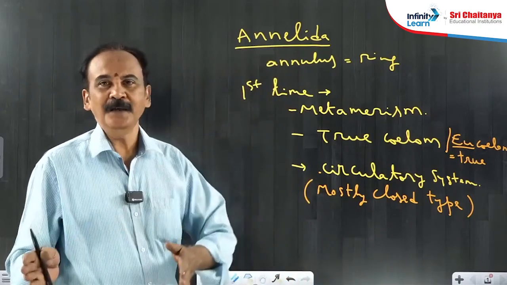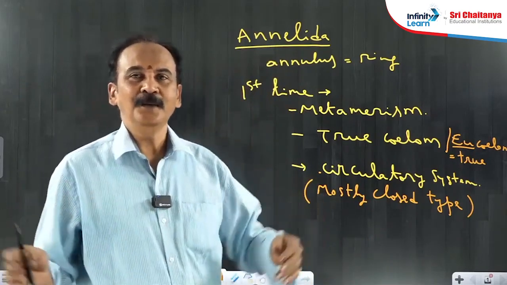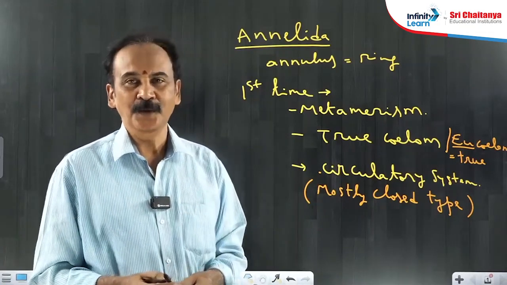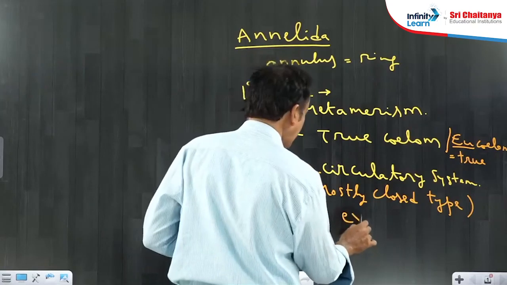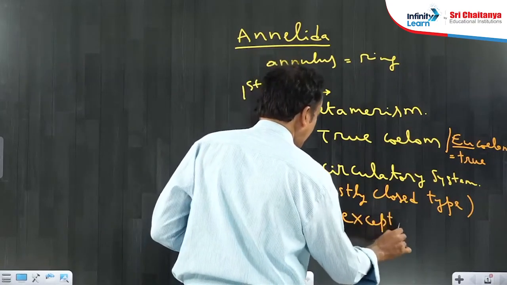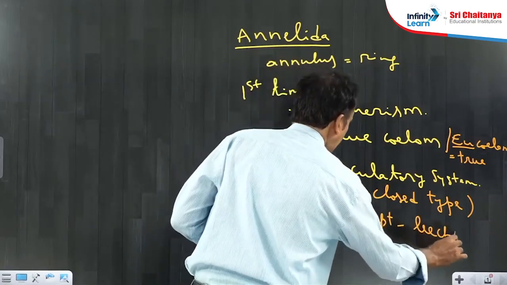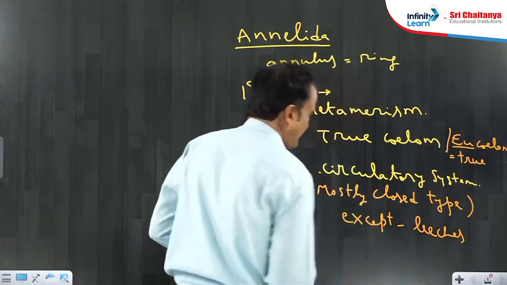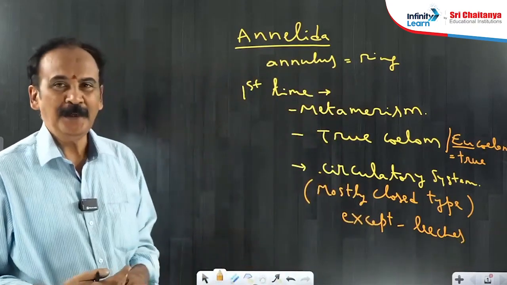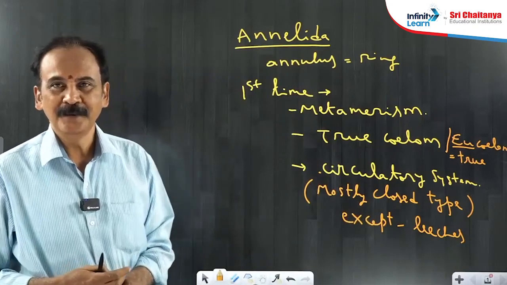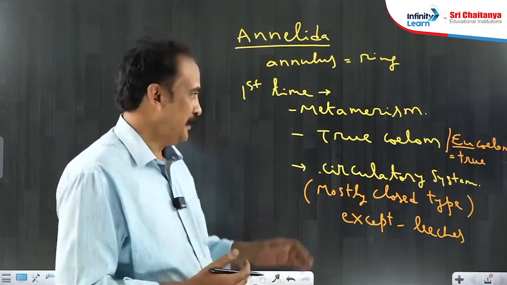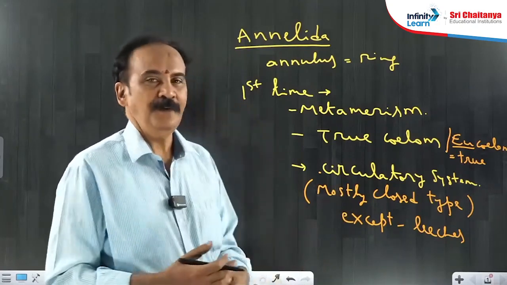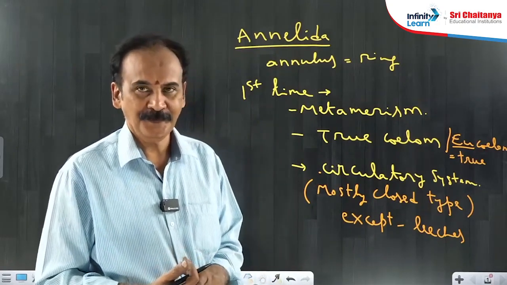If they give you a statement like all annelids have closed type of circulation, then it is wrong, because we have an exception. The exception is leeches. In leeches it is open type, but in all other groups you will have closed type of circulation. So these are the three things that have appeared for the first time in Annelida.